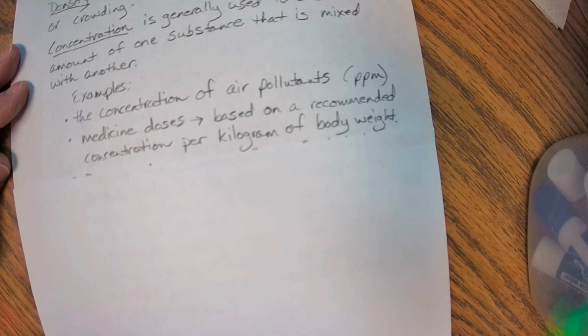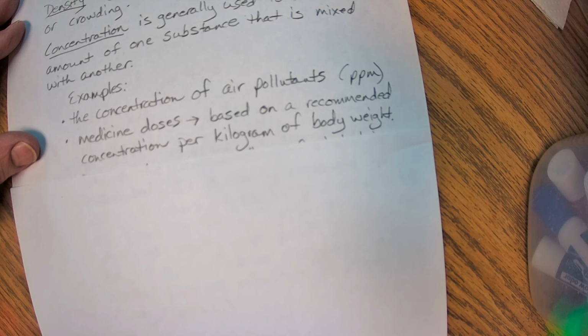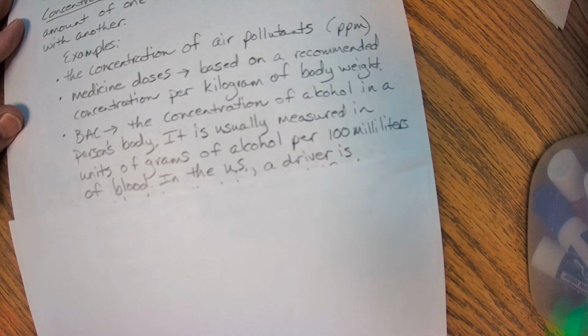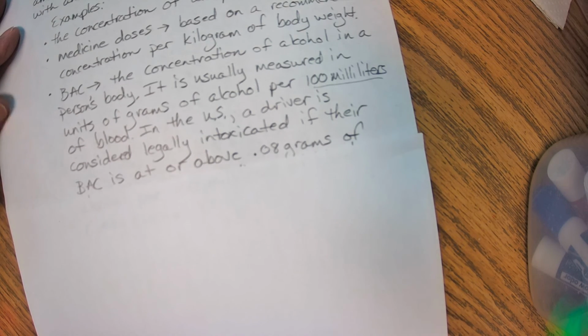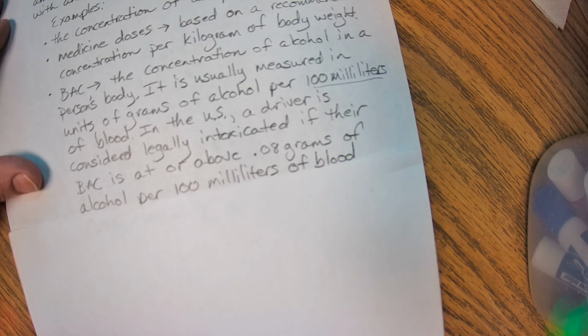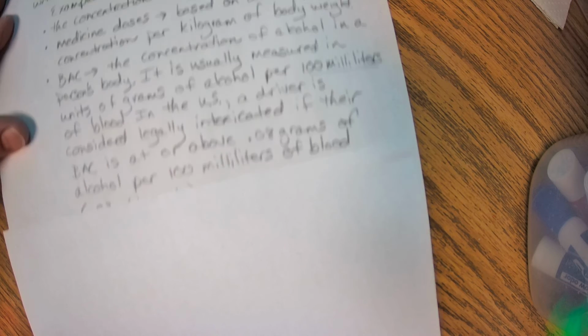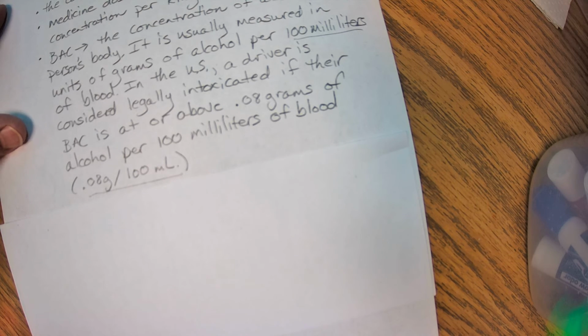Medicine doses are another example of concentration, usually based on the recommended concentration per kilogram of body weight. Blood alcohol content is the concentration of alcohol in a person's body, and it's usually measured in units of grams per 100 milliliters of blood. In the United States, a driver is generally considered legally intoxicated if their blood alcohol content is at or above 0.08 grams of alcohol per 100 milliliters of blood. And this is how it's written.